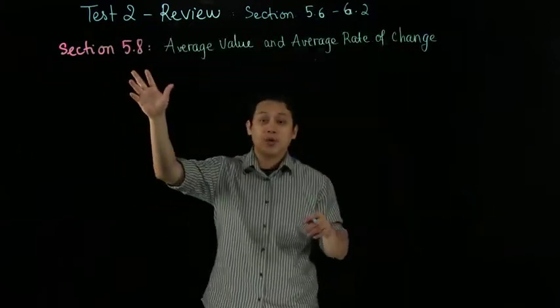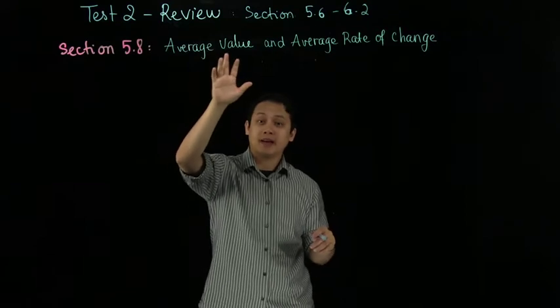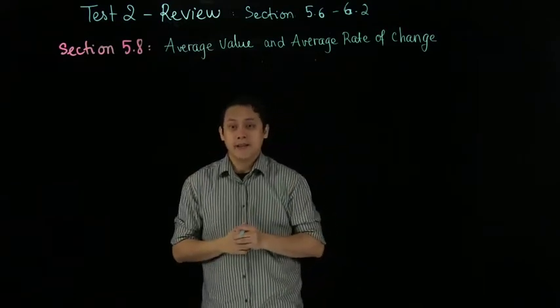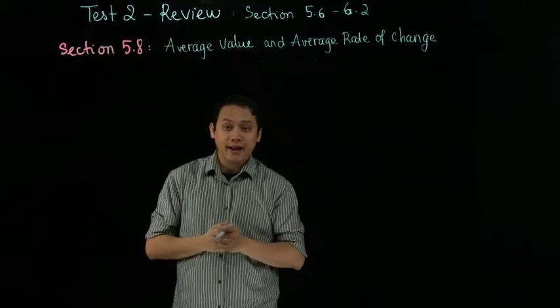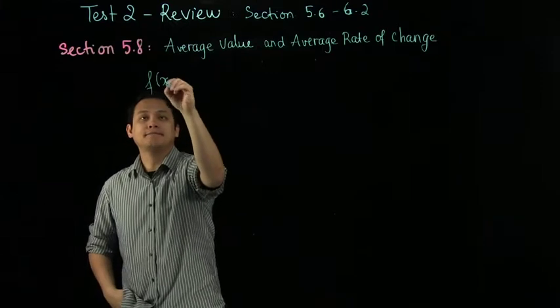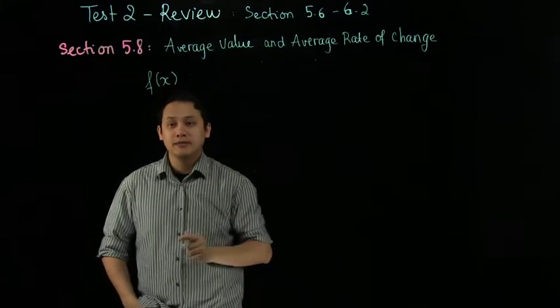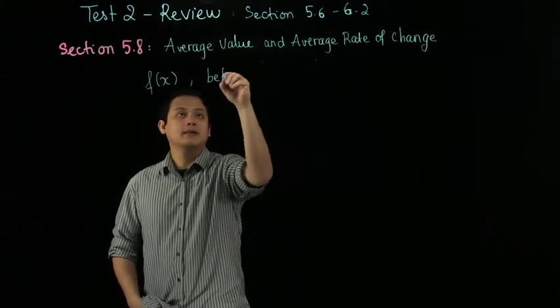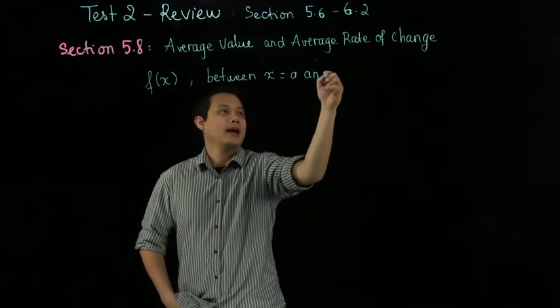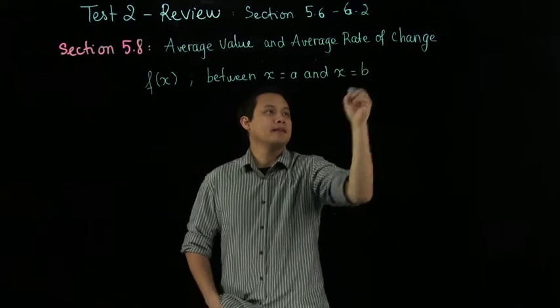In section 5.8, we talk about average value and average rate of change. You have two formulas that you need to memorize. The first one is the average value. If you have a function, f of x, you want to find the average value of this function between x equal to a and x equal to b.